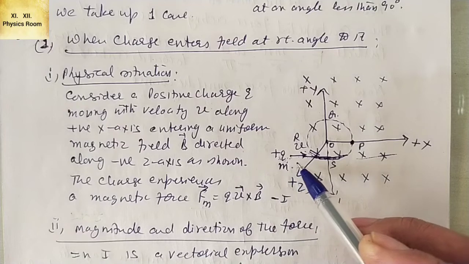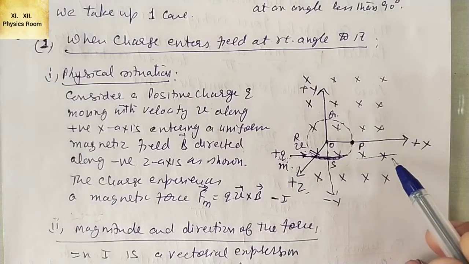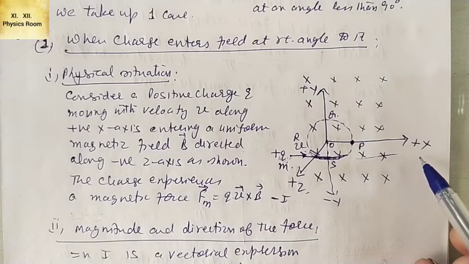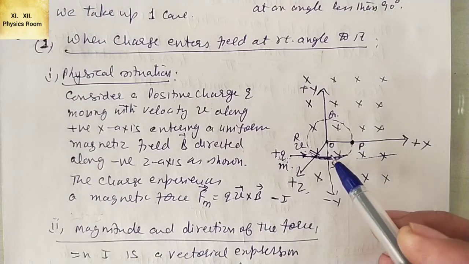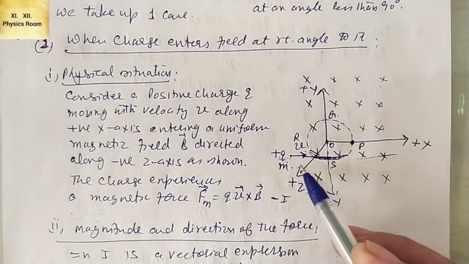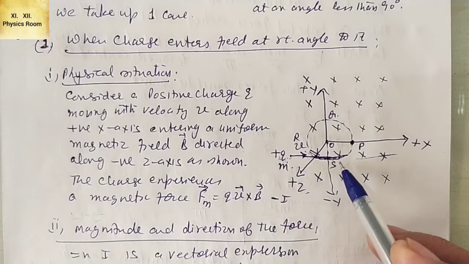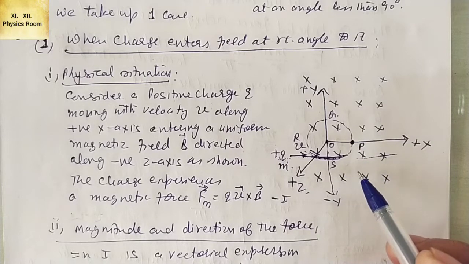The magnetic field is directed along negative z-axis, so the angle between the direction of motion of the charge, that is the velocity vector, and the field vector is 90 degrees.